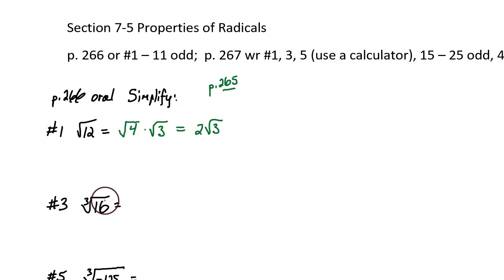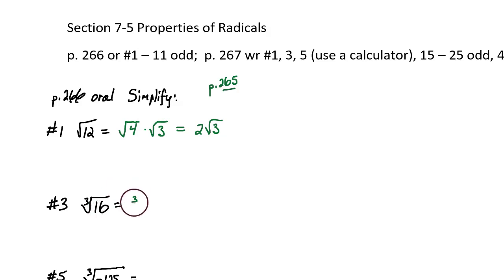Number 3 is also a radical that has an integer under the radical symbol. So it's the first rule that we have to worry about. The cube root of 16 does not produce an integer. But there might be a factor of 16 that does have a cube root. And there is. One factor of 16 is 8. And 8 is a perfect cube.